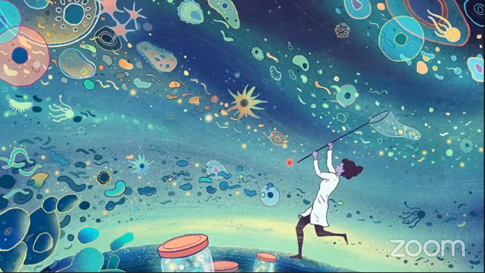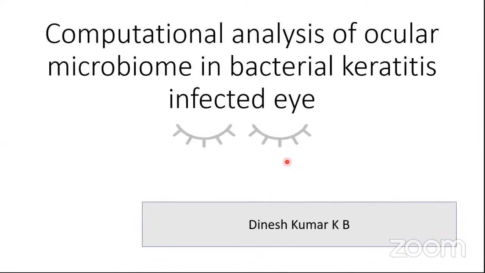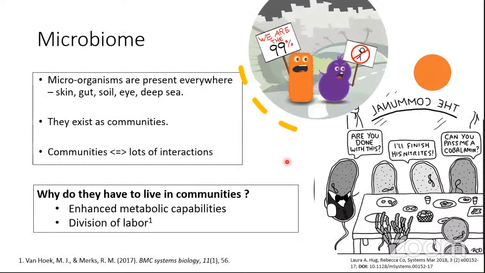So my talk is going to be about computational analysis of ocular microbiome in bacterial keratitis infected eye. Before going into the ocular microbiome, let us see what a microbiome is.